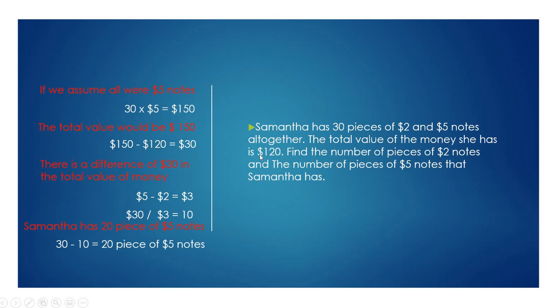But the total value of money should be $120. So we subtract $150 minus $120 equals $30. So there is a difference of $30 in the total value of money.